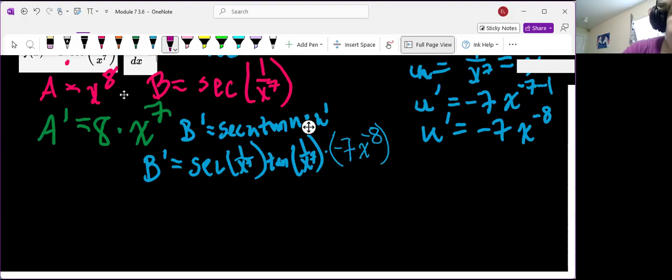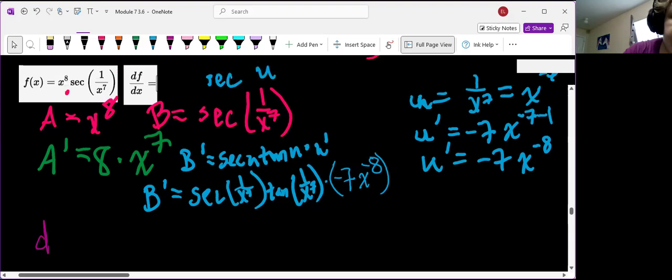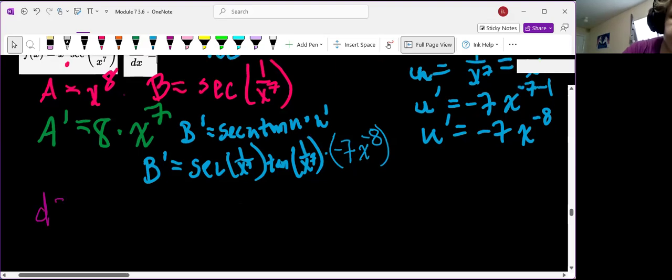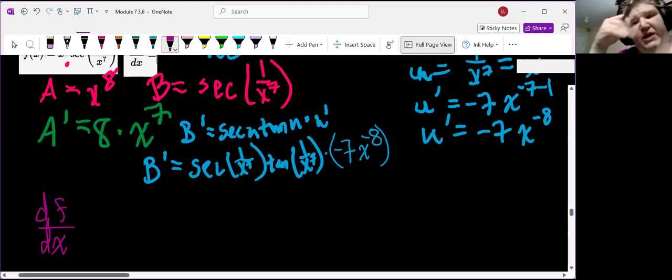Okay. So I guess they wrote it as df dx, sure. So the differential notation is just a different way of saying take the derivative. It's just the differential notation is nice because it tells us what variable we're taking the derivative with respect to.